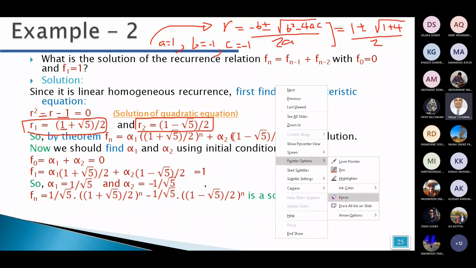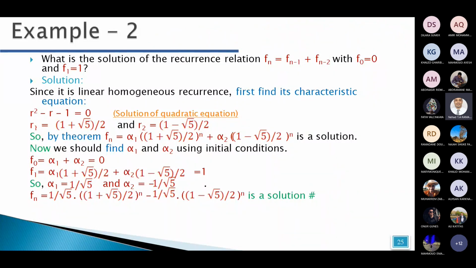After we find the solutions, the first step finds the characteristic equation. Second step finds the solutions of the characteristic equation. Third step, we use the theorem to write the solution, Fn.